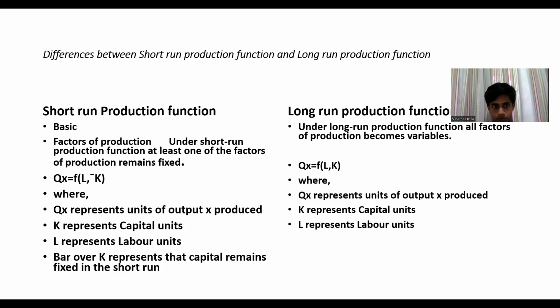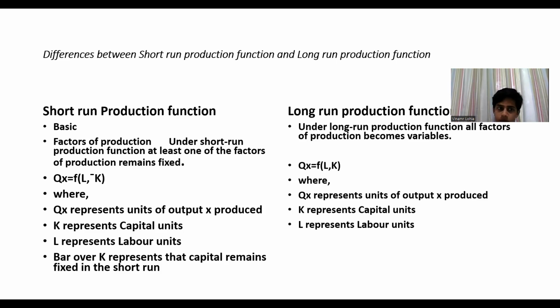So these are the differences between the short run production function and long run production function. Under the short-run production function, at least one of the factors of production remains fixed. Factors of production are labor and capital in both short run and long run.